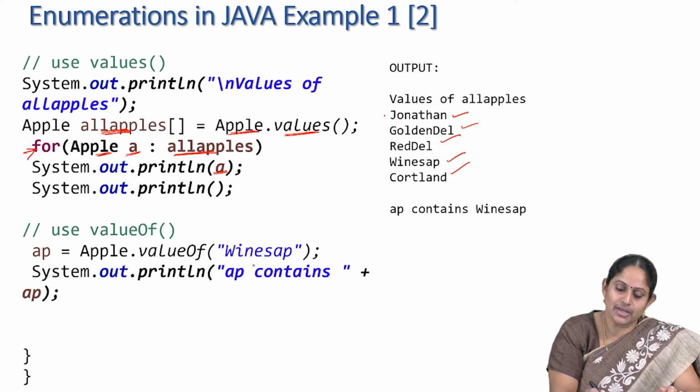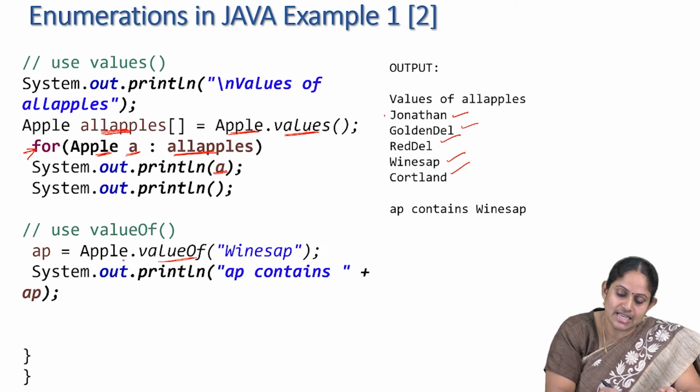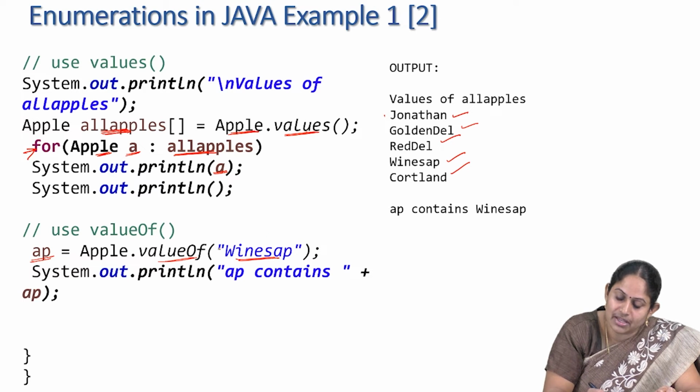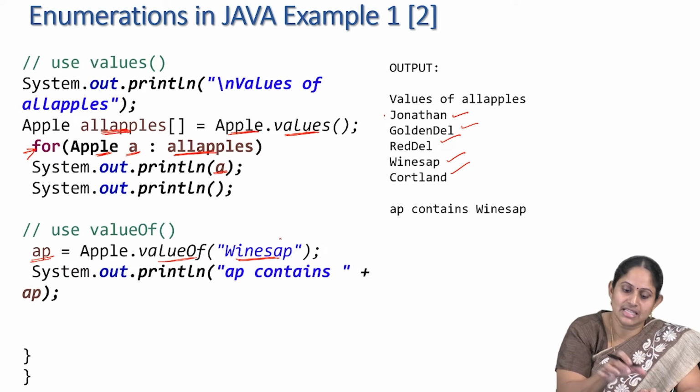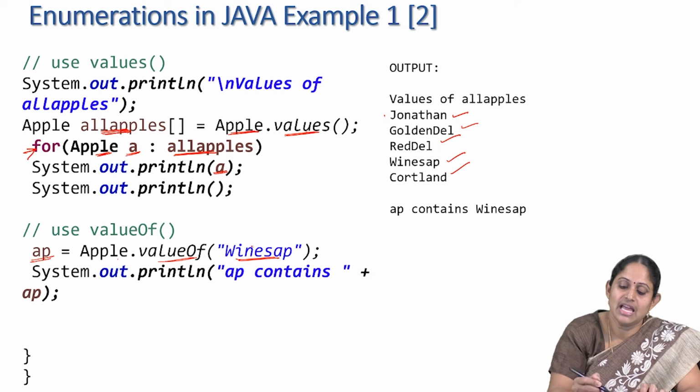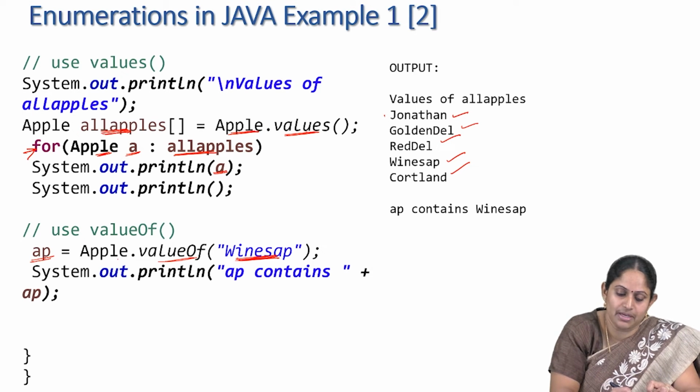Next, we are using the method valueOf. We are assigning into AP the value of the enumeration Winesap. It will compare this value with the values available inside the Apple enumeration, and whatever is matching this string will be stored into AP.